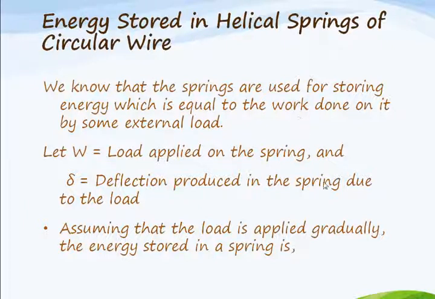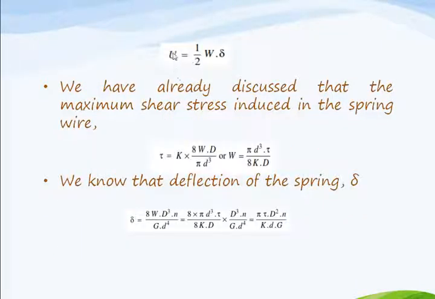If you draw a graph between W and delta, half W into delta is the area of the triangle, which represents the work done or energy stored. So U, the energy stored, is equal to half W into delta, which we have learnt in earlier classes also.